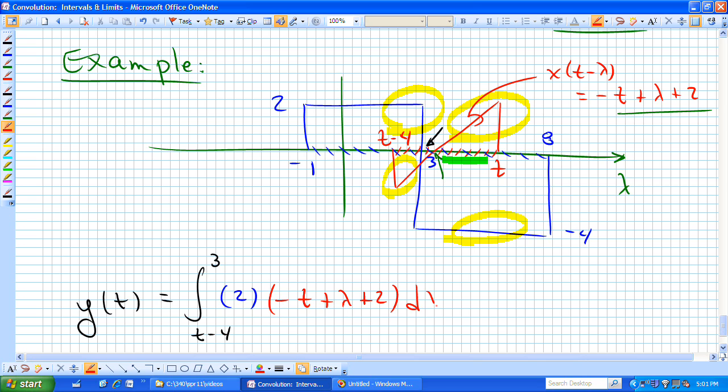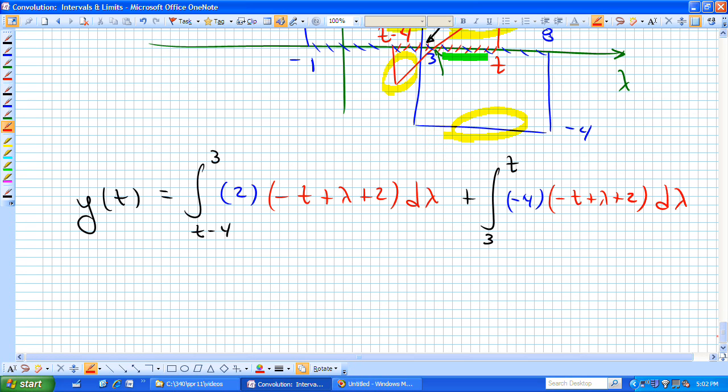Again, we're integrating with respect to lambda, so t is just a fixed parameter in this integration process. Then we have a second integral defined from 3 up to t, and it will now be h, which is minus 4, times x, which is minus t plus lambda plus 2, d lambda.